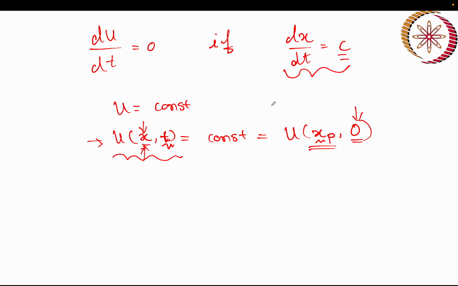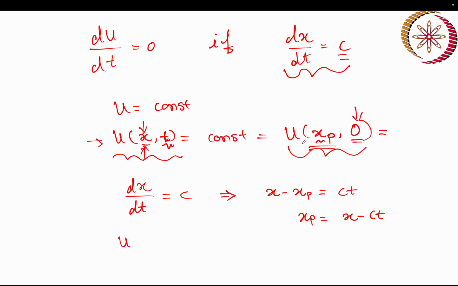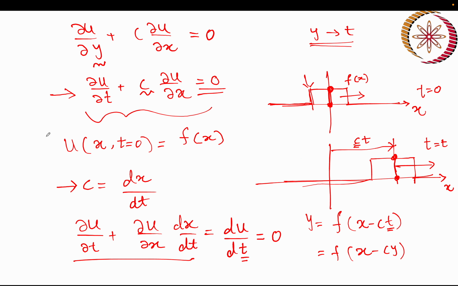So we will now integrate this dx by dt equal to c. In that case we'll get x minus, let's say xp is our initial state at time t equal to 0, so it will be ct, and here we can see that xp is nothing but x minus ct. So we can write u is equal to, if you see here, we have assumed that initially the shape of this wave is f of x.